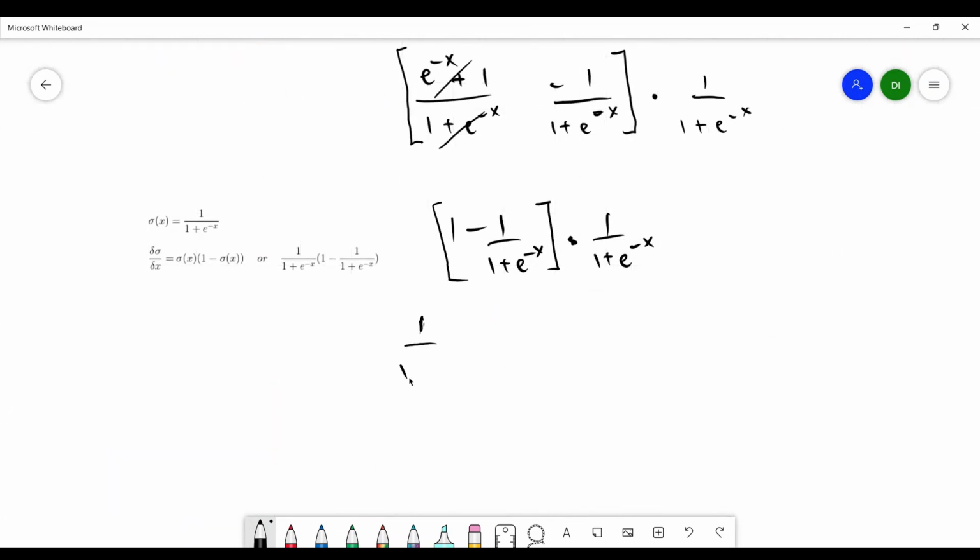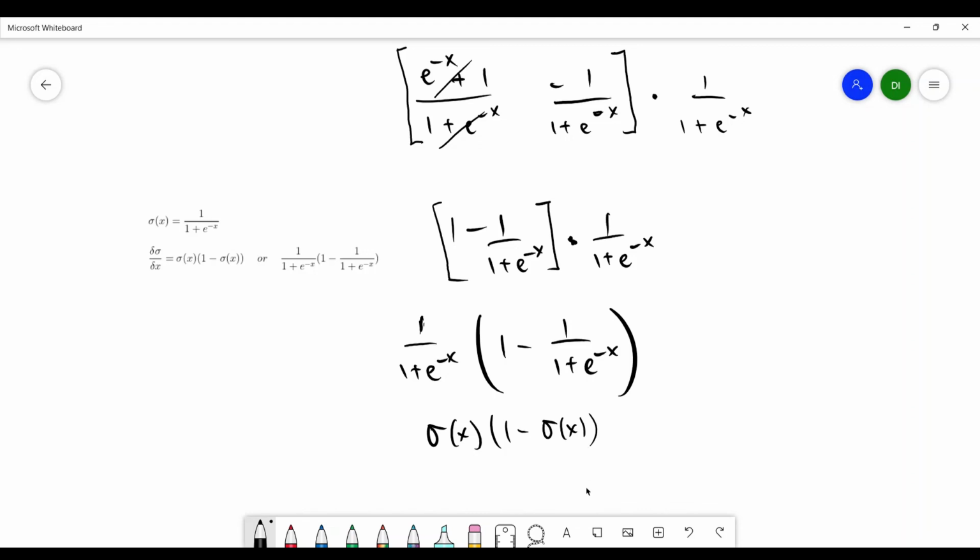We have 1 over 1 plus e to the negative x times 1 minus 1 over 1 plus e to the negative x. And so these two things are the same. And whoa, if you look at it, this 1 over 1 plus e to the negative x really is our sigmoid. And so we could replace it with sigmoid x times 1 minus sigmoid x.